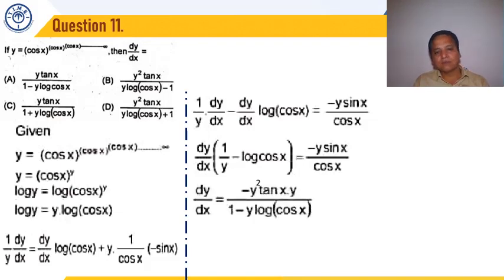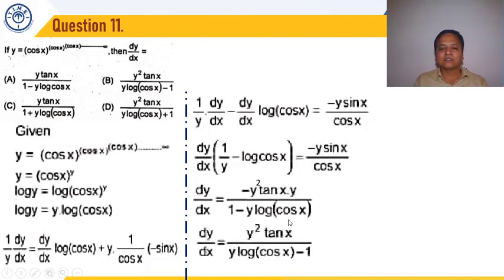So this becomes, because 1 upon y minus log cos x is (1 minus y log cos x) upon y, y from the denominator goes to the right hand side in the numerator. It becomes minus y square, sin x upon cos x is tan x, upon 1 minus y log cos x, which is minus y square tan x.